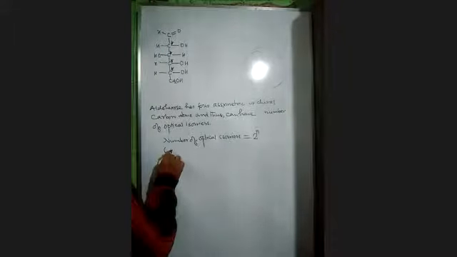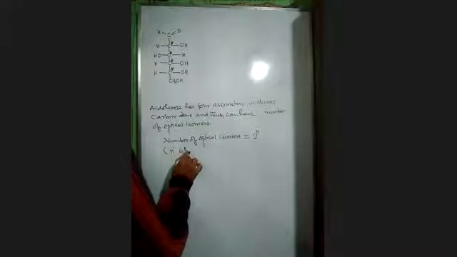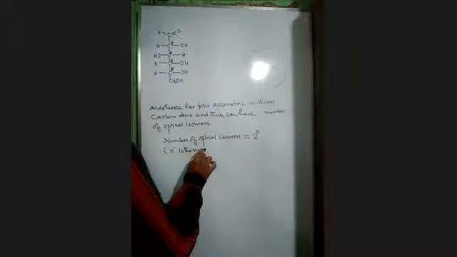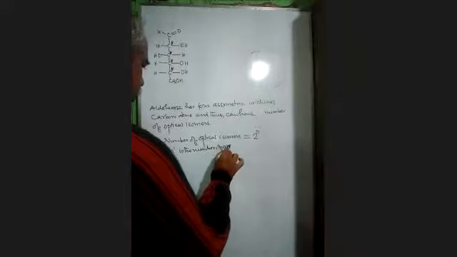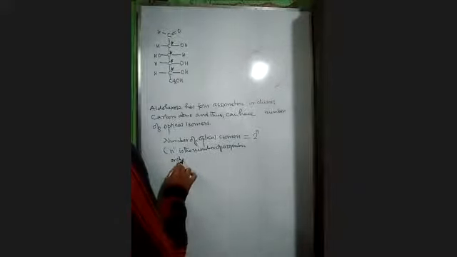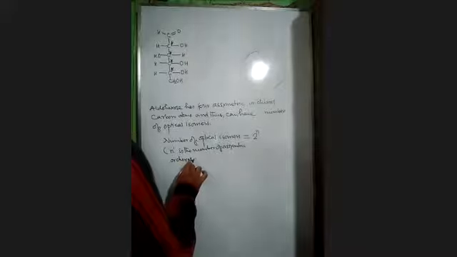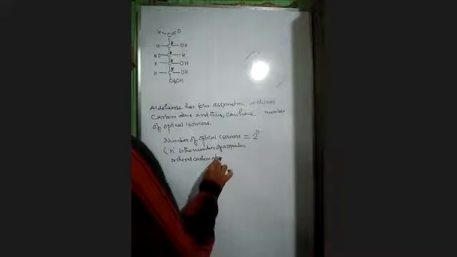What is n? n is the number of asymmetric or chiral carbon atoms.